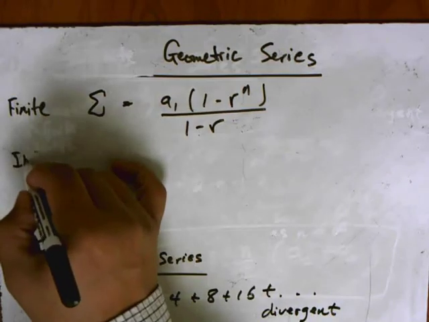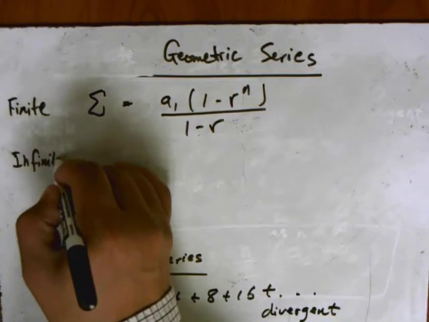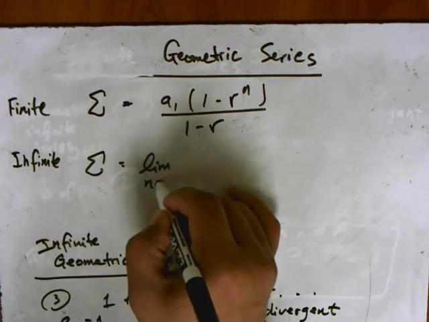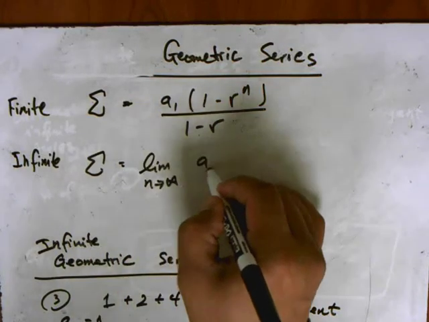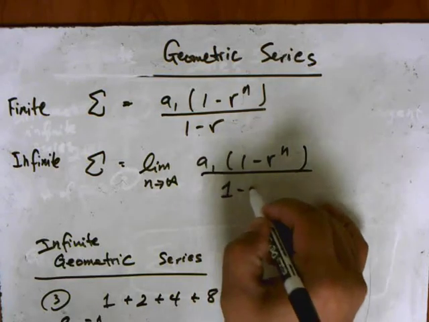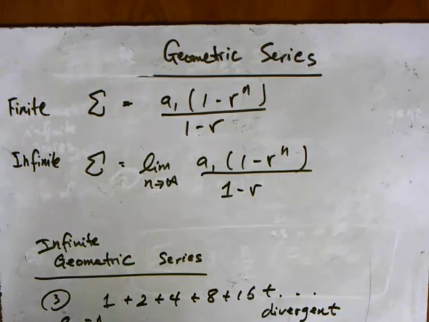For the infinite case, the sum is equal to the limit as n approaches infinity of the first term. So it's the exact same thing, but because we have an infinite number of terms, we have to use the limit as n approaches infinity.